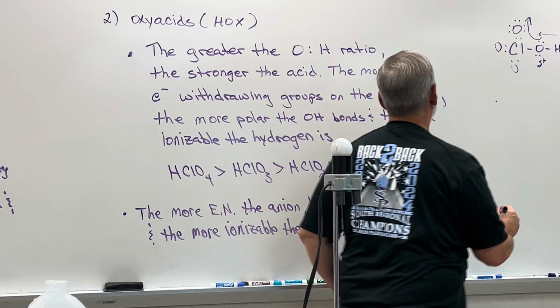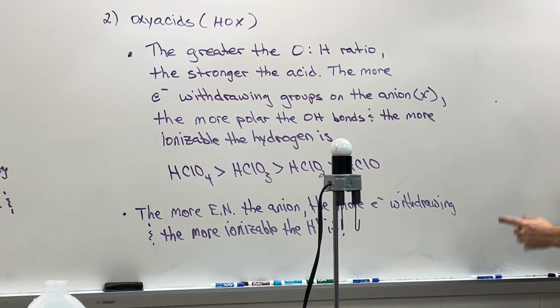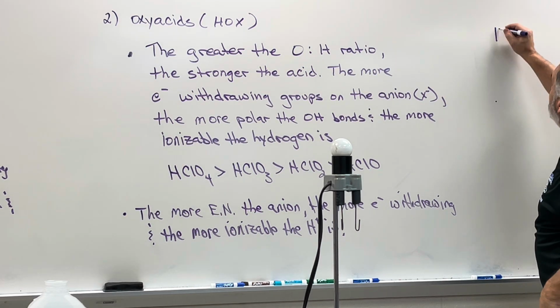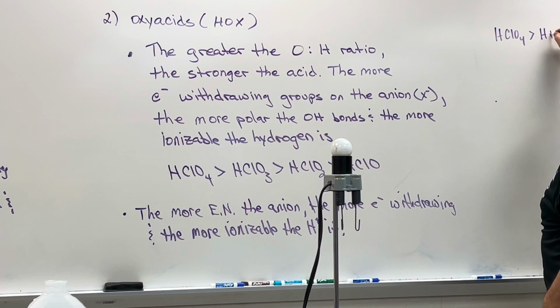Okay? Now, an example under that. If I want to compare, HClO4 is going to be greater than HBrO4, which is greater than HIO4.